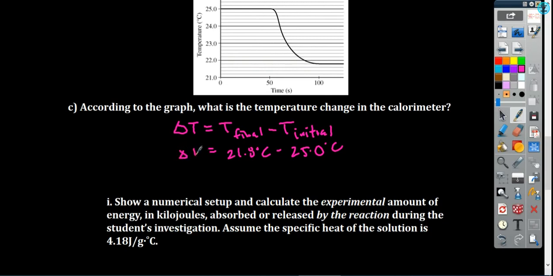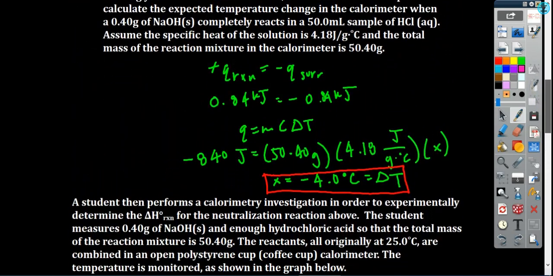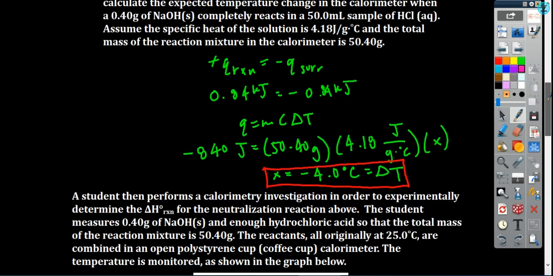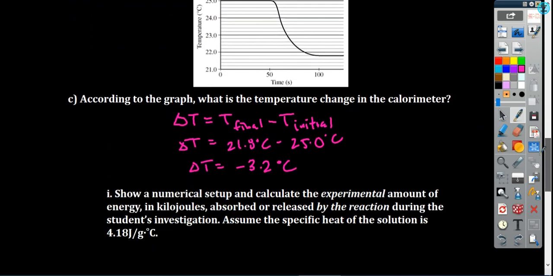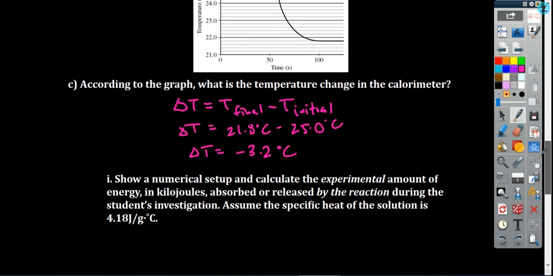So my delta T, my change in temperature, is going to be experimentally negative 3.2 degrees Celsius. So remember, we expected from a reaction like this to observe a change in temperature of 4 degrees. And yet, it didn't quite get as cold as we expected.